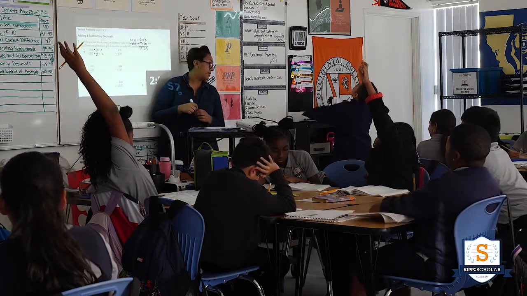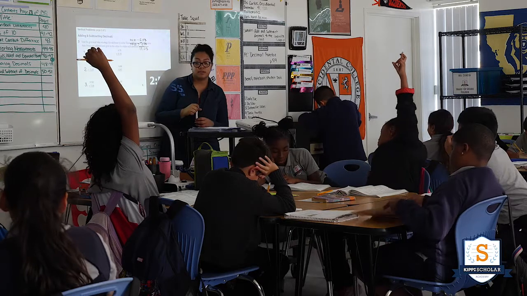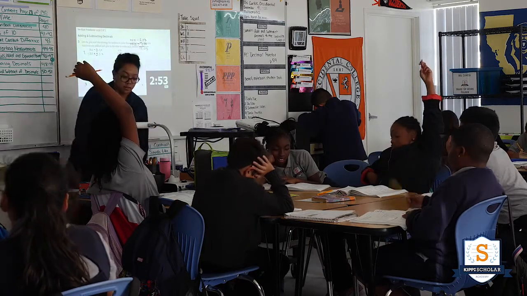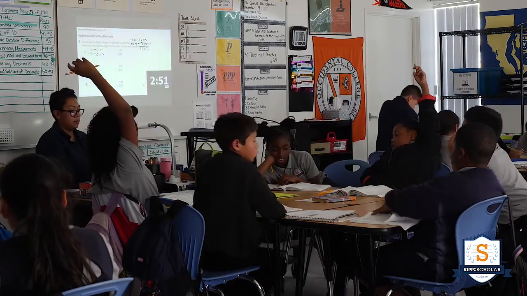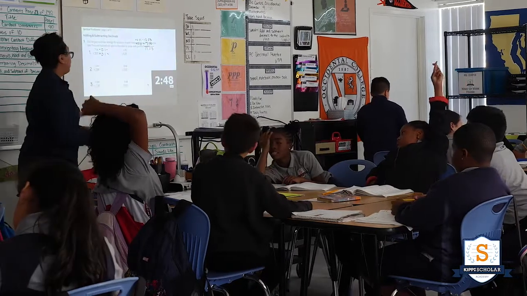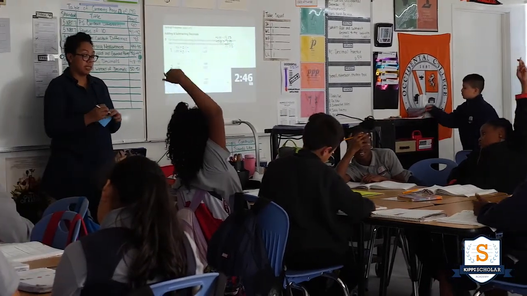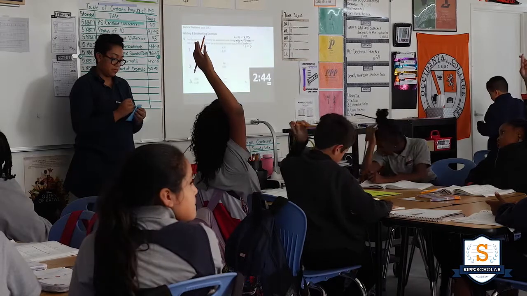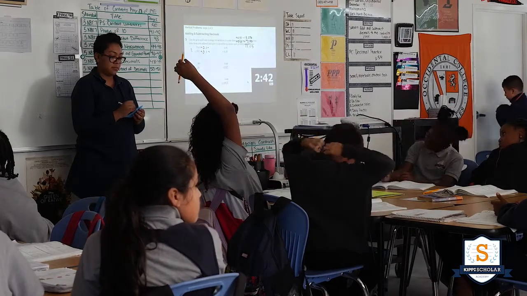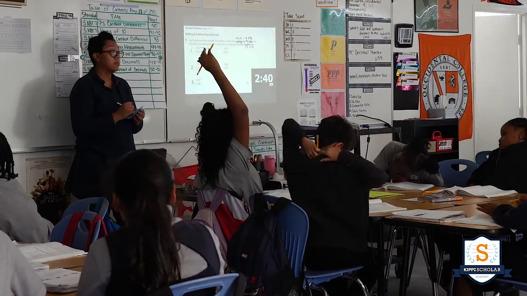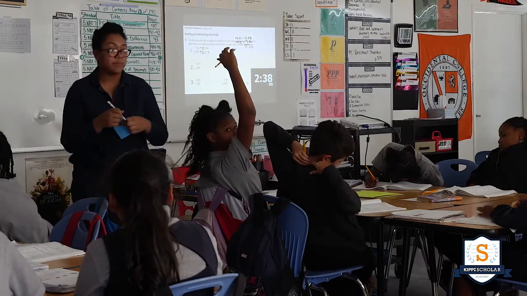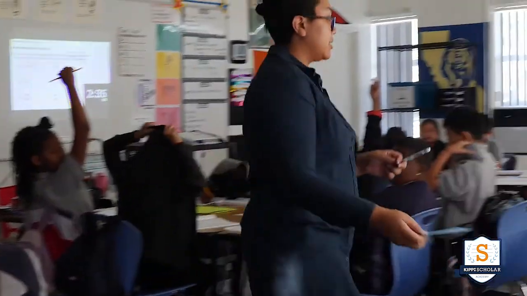Alright, and so then what did you end up getting? What new numbers? So what I got is 75 and 5 tenths. Yep, 75 and 5/10 plus what?